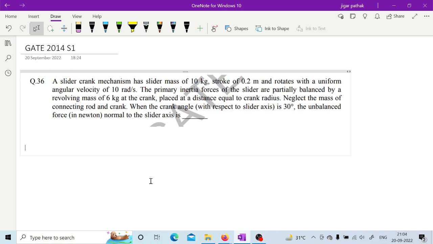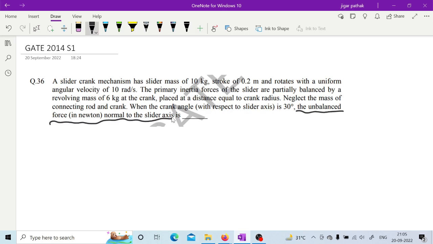So what they have asked, can you tell me and try this? First, what they have asked, can anyone tell? What is this unbalanced force normal to the slider axis? Can anyone tell this?